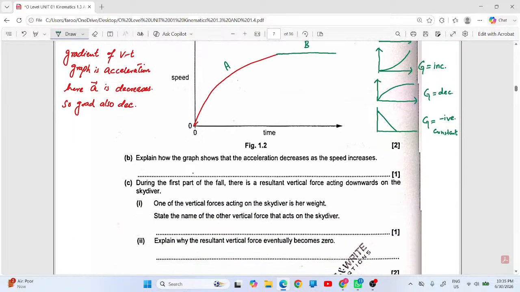Next आपके पास है, explain how the graph shows that acceleration decreases as the speed increases. How the graph shows that?